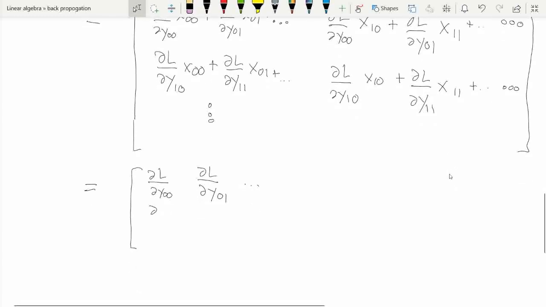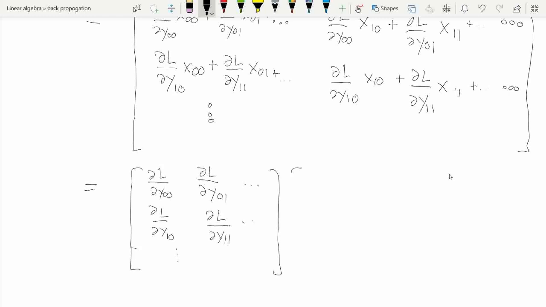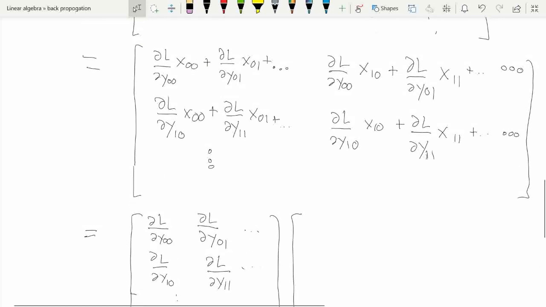Second row: partial derivative of L with respect to y 1,0, L with respect to y 1,1, and then multiplied by x. So this times this plus this times this makes this, so it's x 0,0, x 0,1.